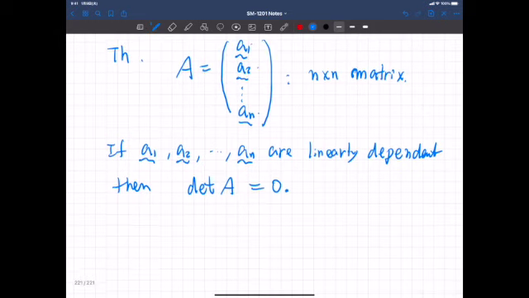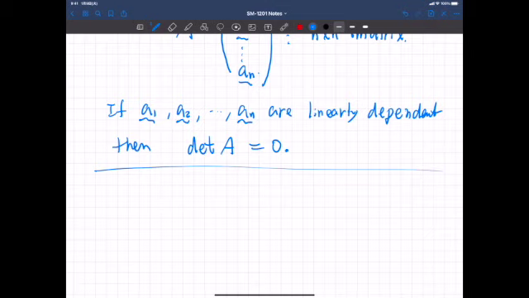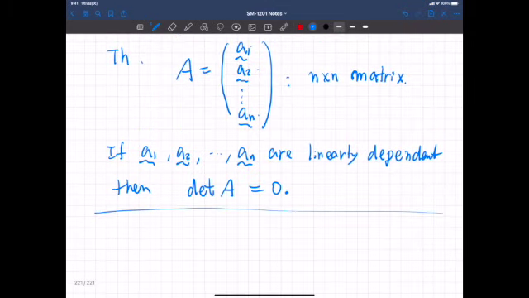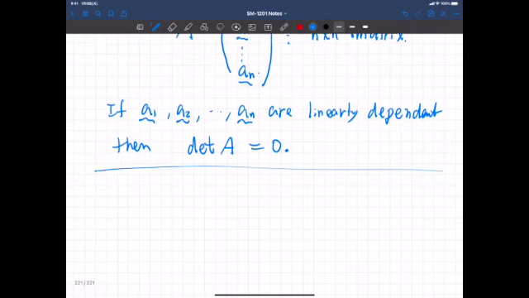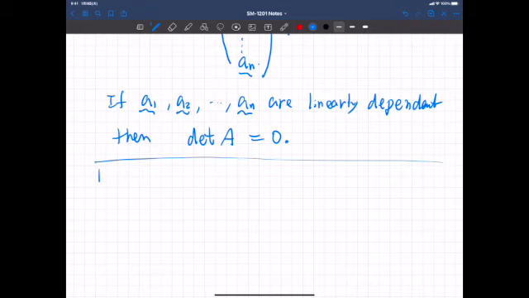So let's prove this. Proof: without losing generality, we may assume that... So this is an idiom, but don't abuse it.